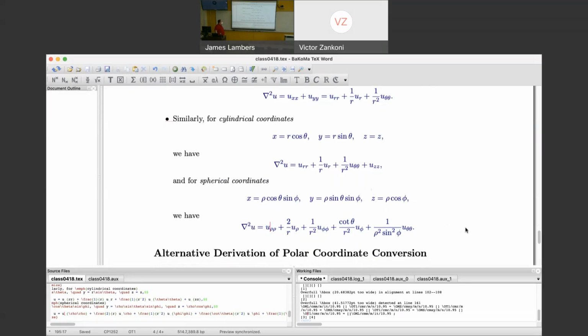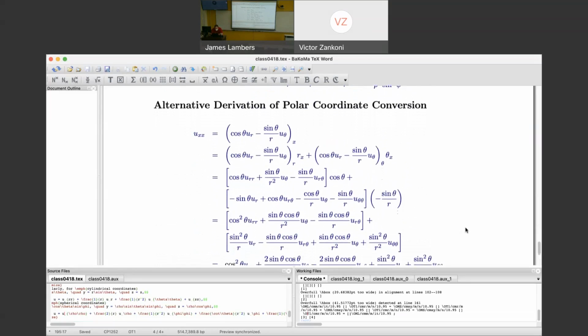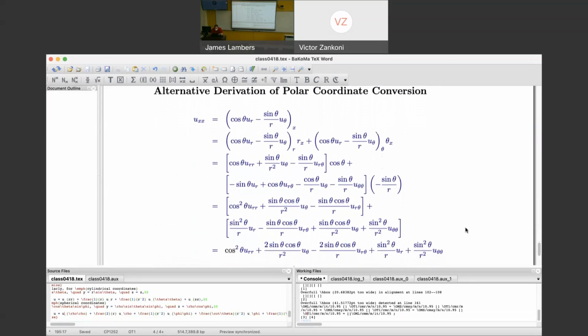And I think what happened last year when I was covering this, that I think I managed to get myself confused or so, or something like that, working out what I just showed you for polar coordinates. And I ended up just doing it a different way, which, as you can see, is still tedious, but one could argue might be easier to make work.